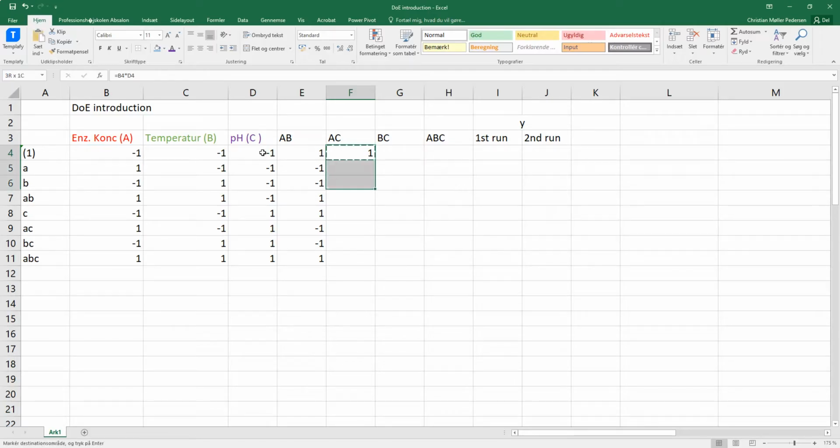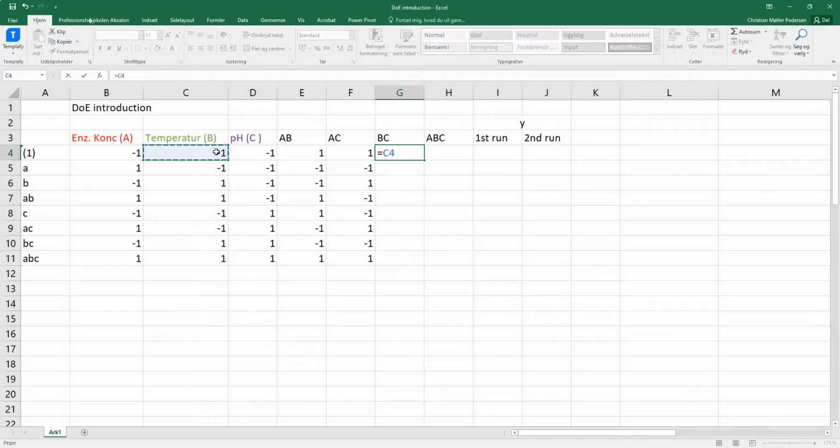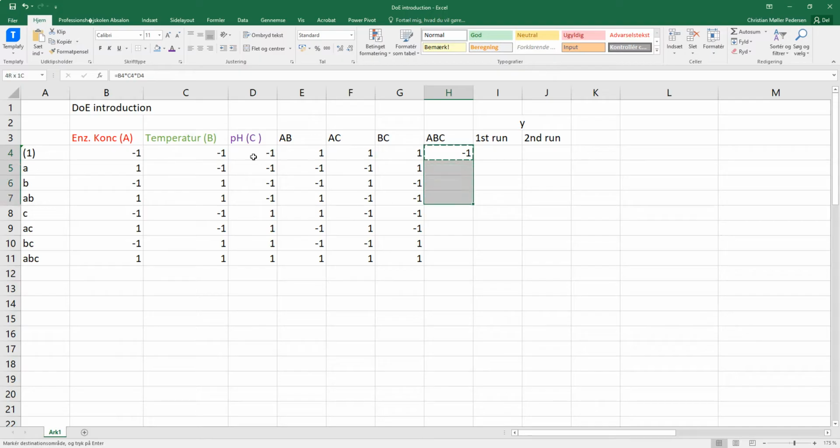And we take a copy all the way down here. Like that. And for BC, it's the product of the B level and the C level. Like that. And finally, ABC is the product of A, B, and C. And we take a copy of that.